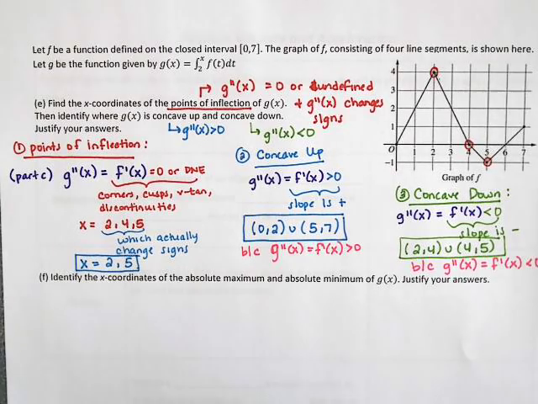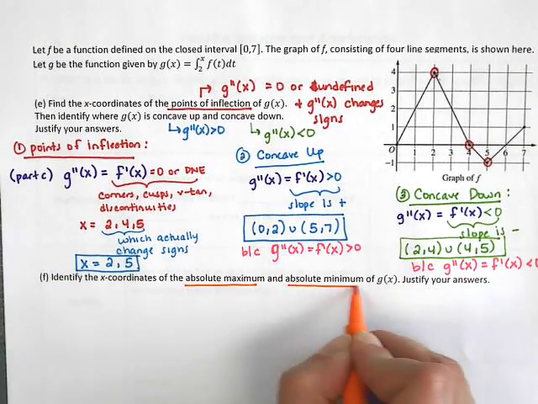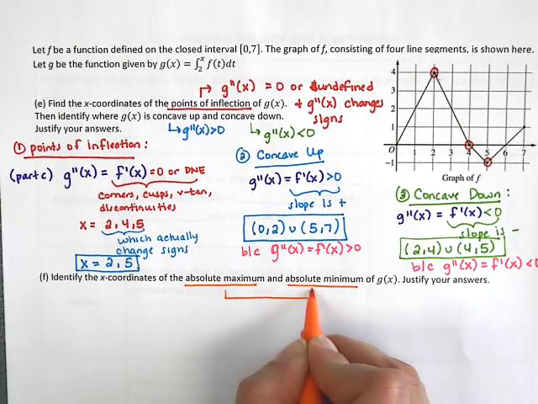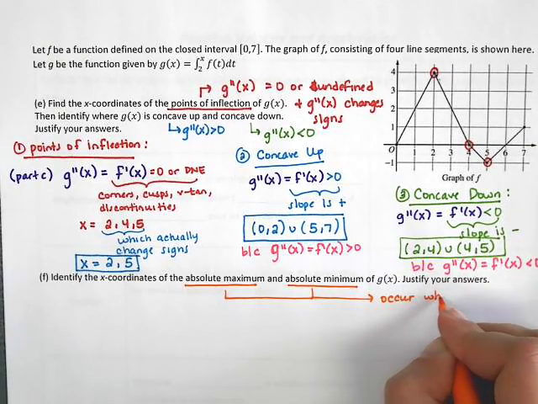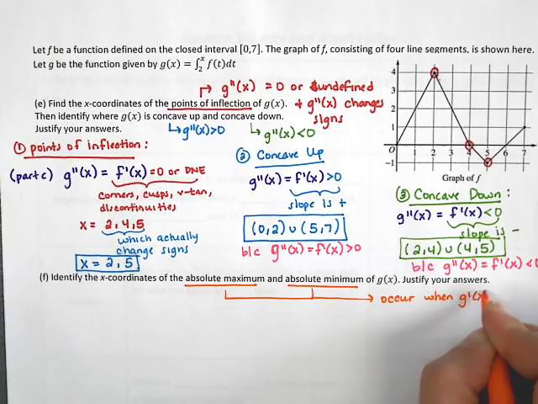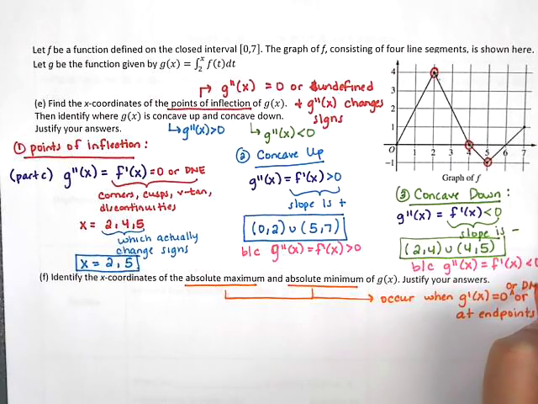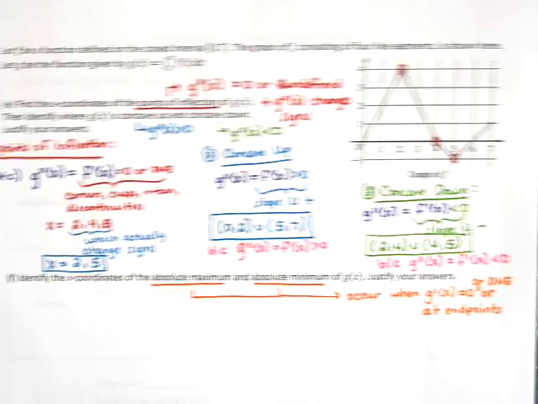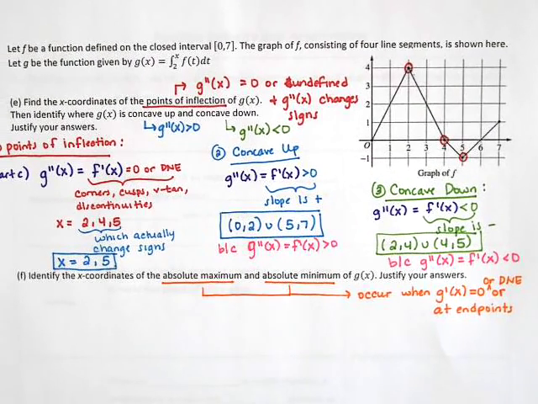The absolute maximum and absolute minimum are always going to occur when the derivative equals 0 or at the endpoints. I guess I should also say here, or does not exist. So it has to be a critical point or an endpoint to make a max or a min.